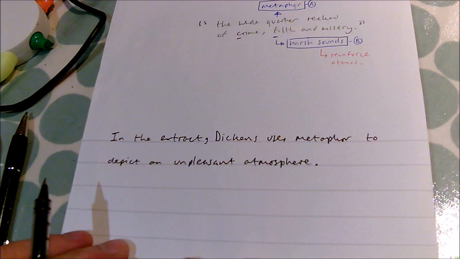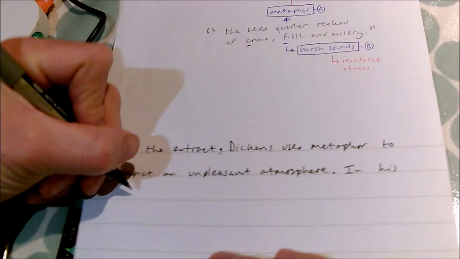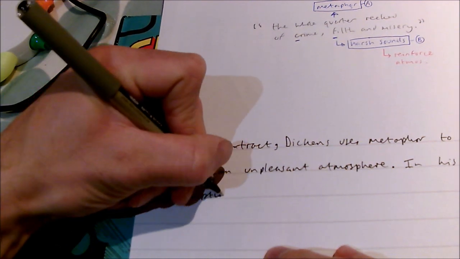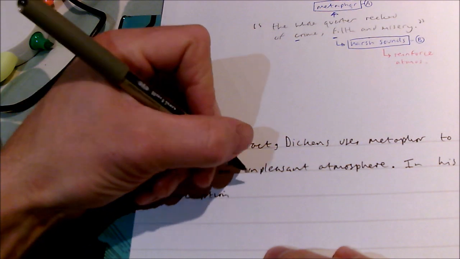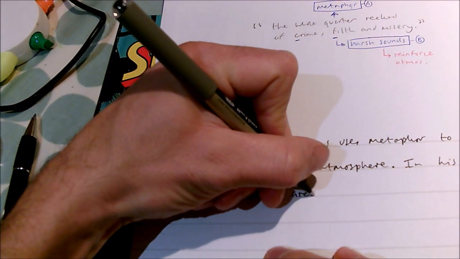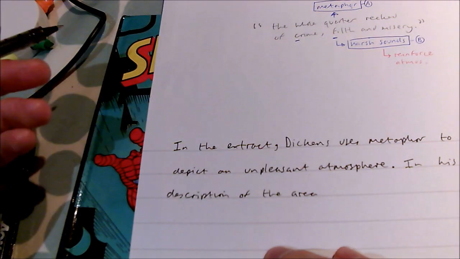Let's crack on. We've got a point. Adding our evidence now. In his description of the area, notice how I'm stitching in those words from the question, very much unequivocal and responding to the task that's set.